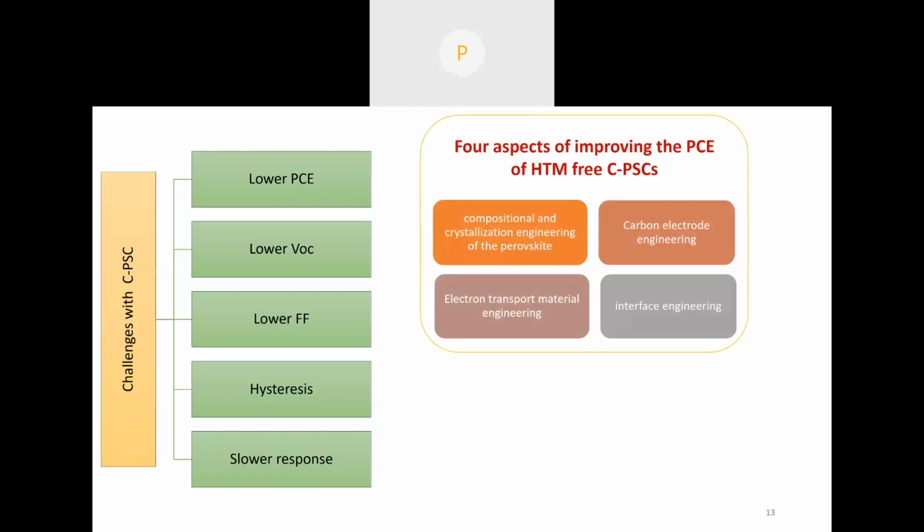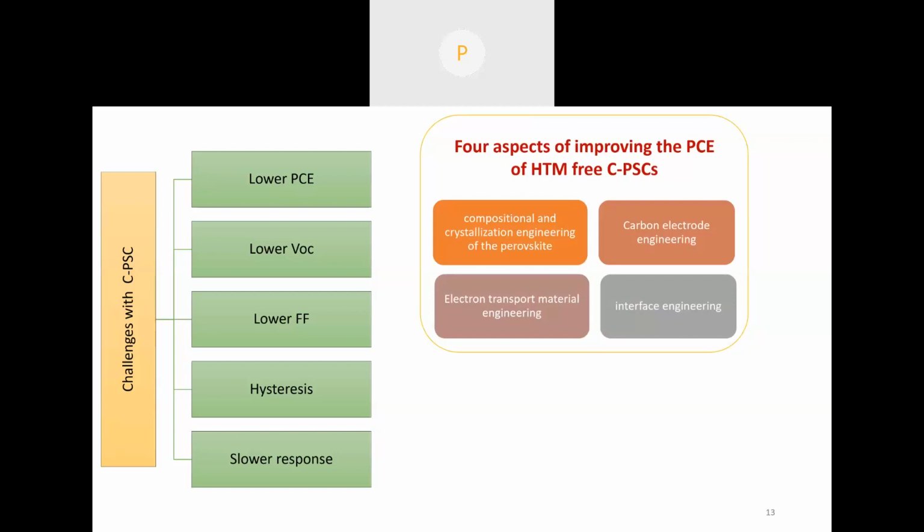There are various aspects by which we can improve the photoconversion efficiency of these solar cells. Through perovskite engineering, we can improve the VOC, because the conduction band and valence band of the perovskite matter a lot for the VOC. Similarly, carbon electrode engineering, because the carbon electrode work function is less than gold's, and in carbon-based perovskite solar cells there is no hole transporting layer, so the gap from the valence band directly to the electrode is huge.